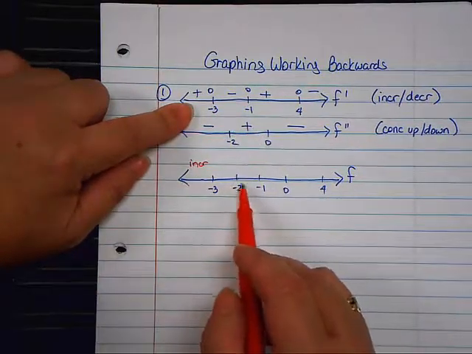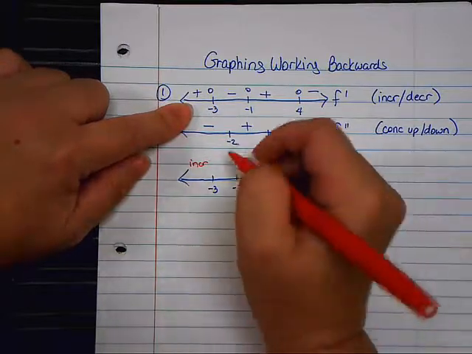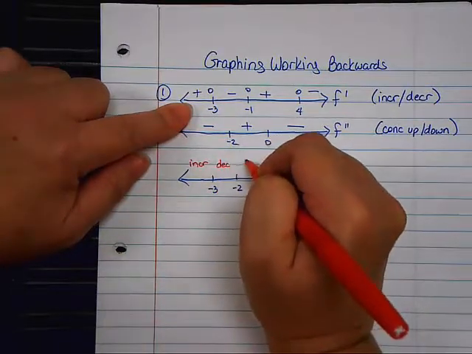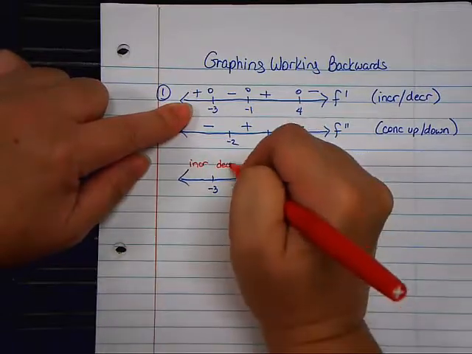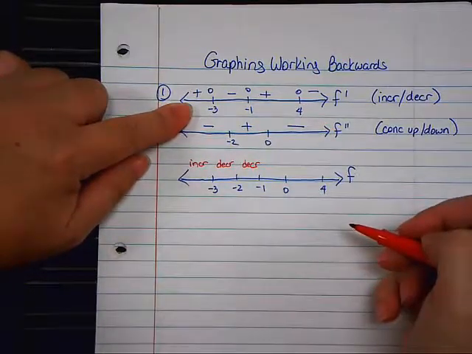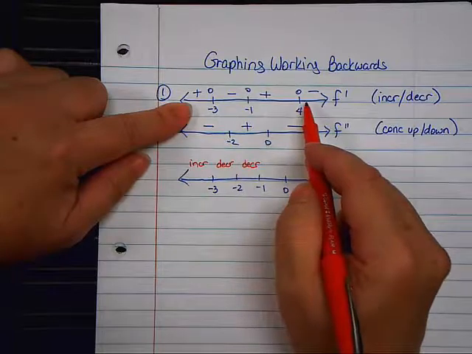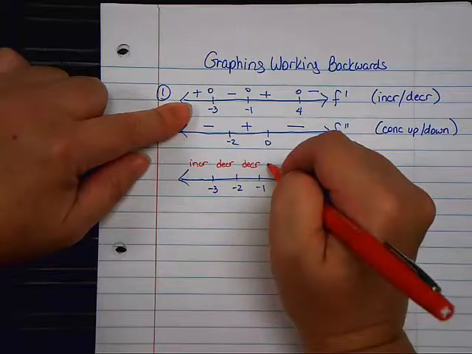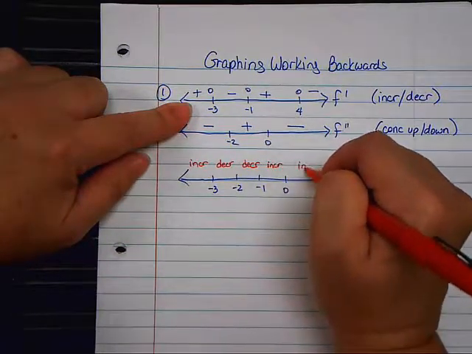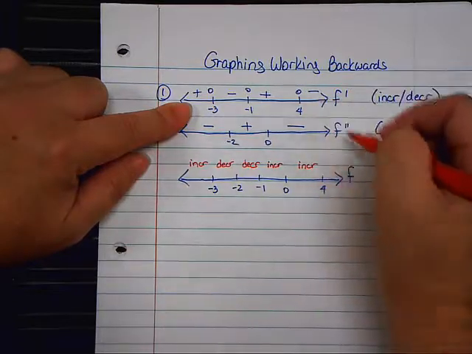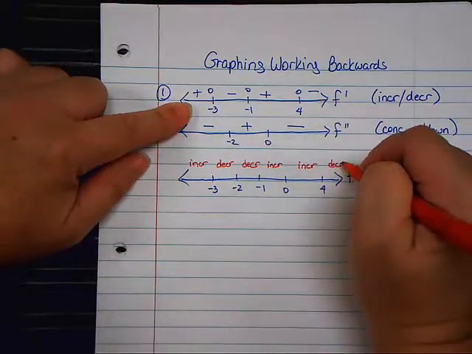Now notice that actually encompasses 2 sections here, so we're going to put decreasing on both of them. Decreasing, decreasing. Then from -1 all the way to 4, it is increasing again, so increasing, increasing. And then after 4, it is decreasing. You see what I did?